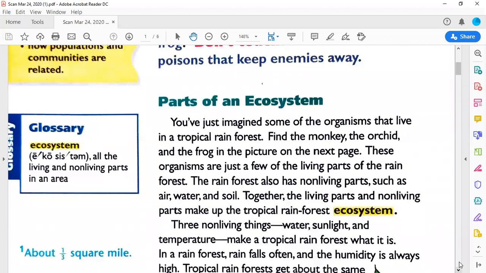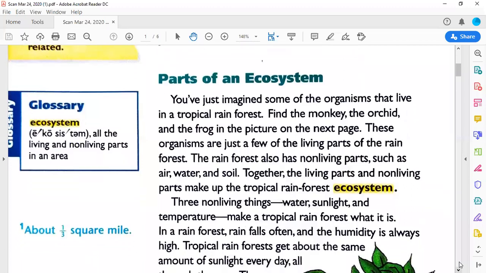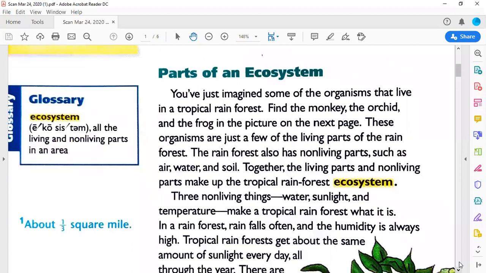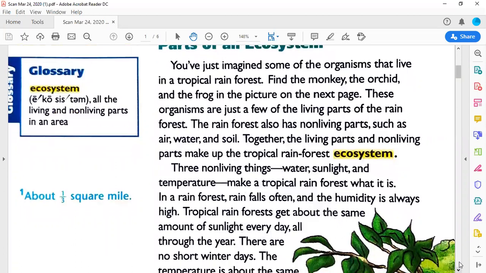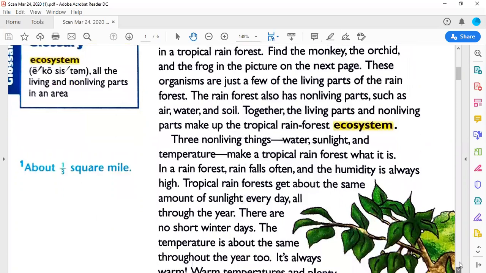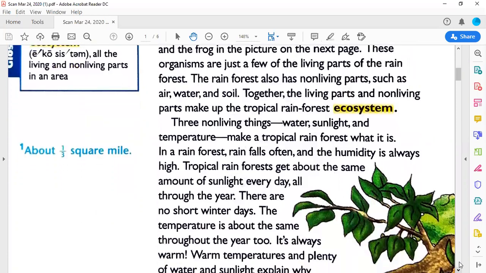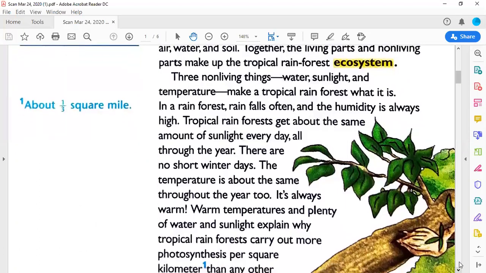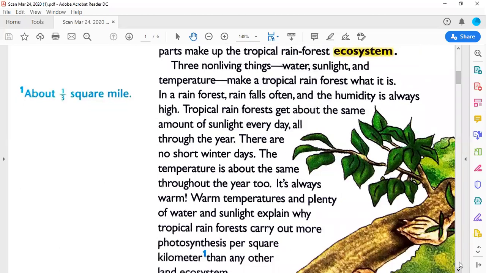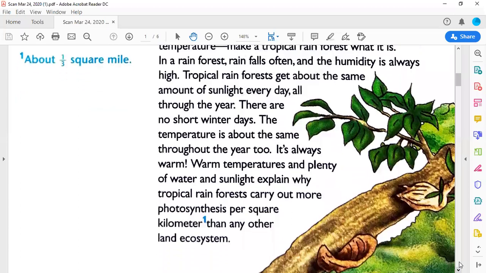What is in the forest? Rain falls often. Humidity is always high. Rainforests get about the same amount of sunlight every day all throughout the year. There are no short winters. The temperature is the same throughout the year too. Always warm. Plenty of water and sunlight mean that tropical rainforests carry out more photosynthesis per square meter than any other ecosystem.